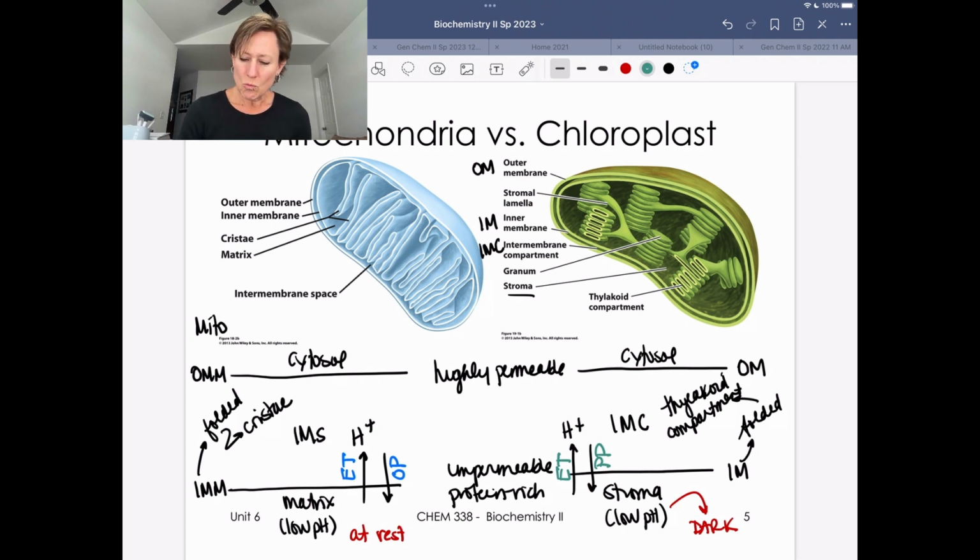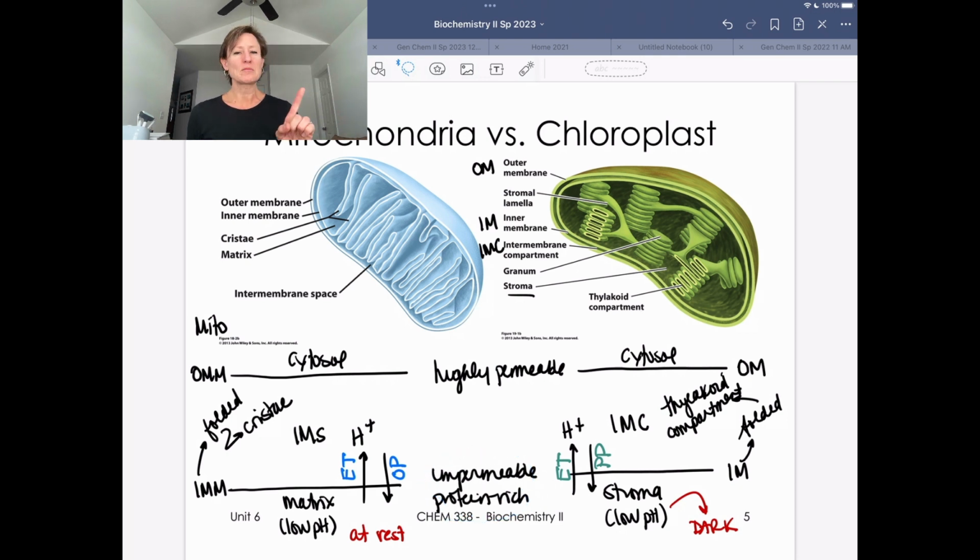So one other piece here that I want to make sure to highlight is a big difference between mitochondria and chloroplasts, besides the structure of that folded inner membrane and the fact that we've got some different names of things. One of the other big differences is that this impermeable inner membrane is going to be more impermeable in mitochondria than it is in chloroplasts.